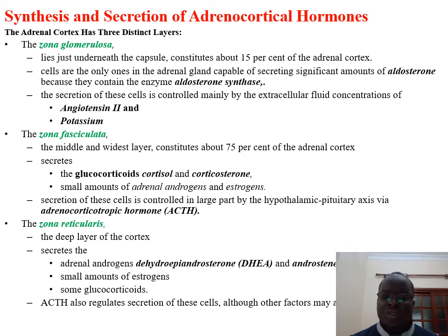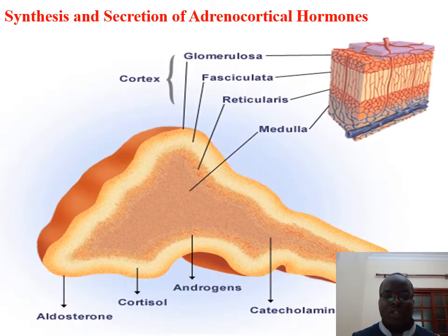It also produces androstenedione, as well as small amounts of estrogens and glucocorticoids, but mainly here there is production of androgens. ACTH also regulates secretion of these cells, although other factors may also be involved in stimulating the zona reticularis to produce and release the androgens and some glucocorticoids.